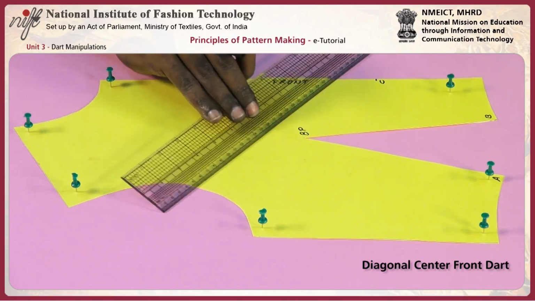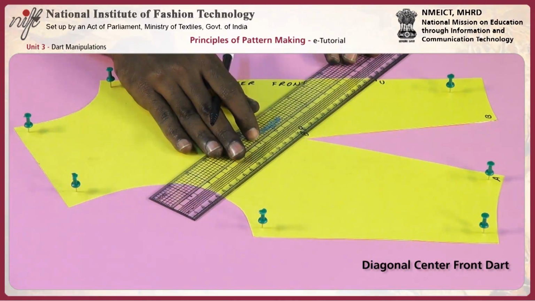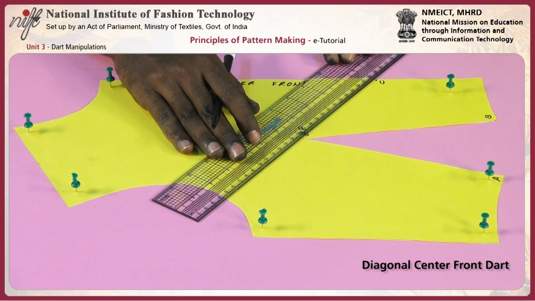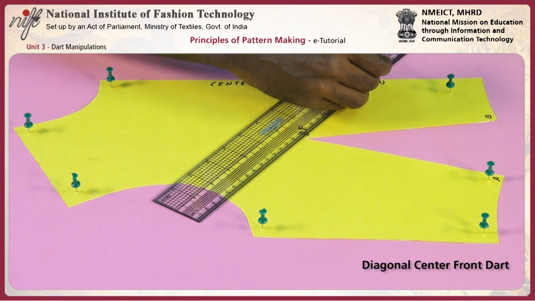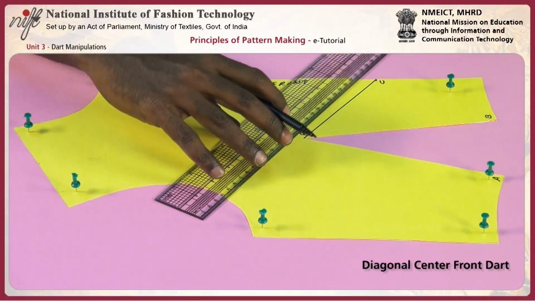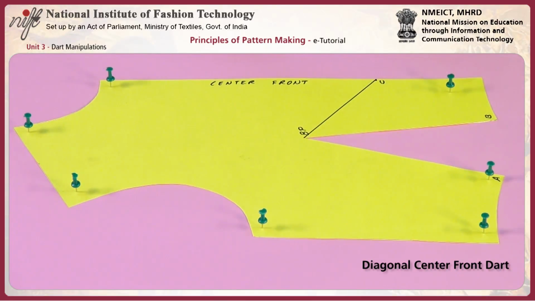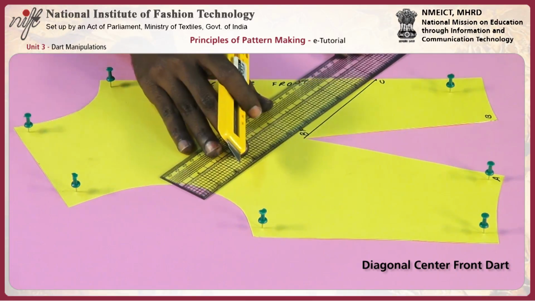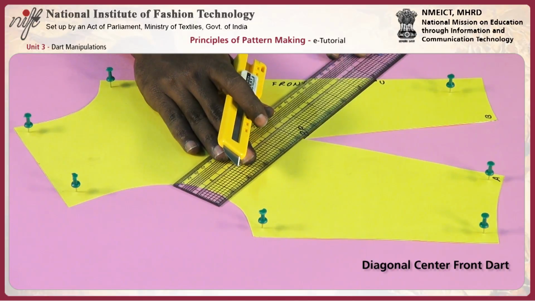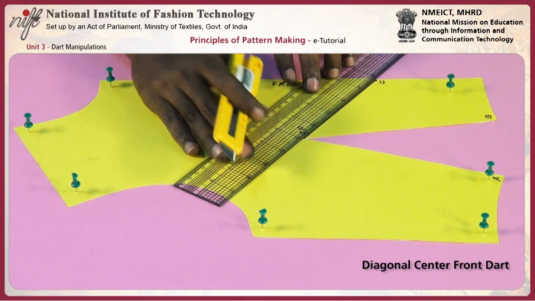Draw a slash line from C to bust point. Slash C to bust point.